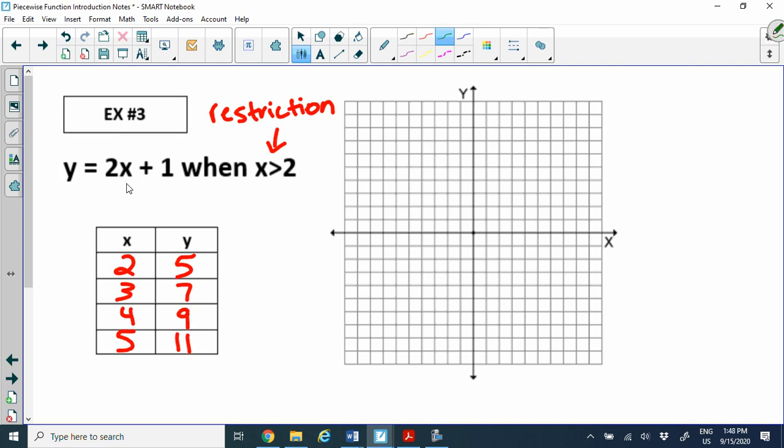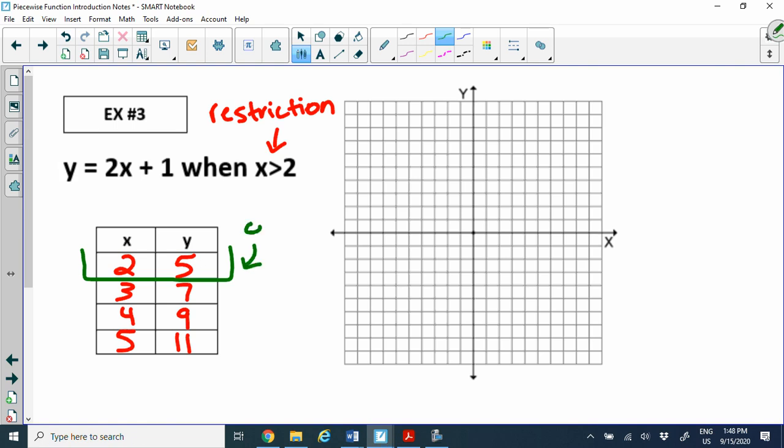Okay, now just like the last time, I'm going to have to decide how do I do my first point. Well, the last 2 times we had solid or closed circles because we had an equal bar. But we go back to our absolute value inequalities. Remember when we had to place those circles on our number line? If it didn't have an equal bar, what did we do?